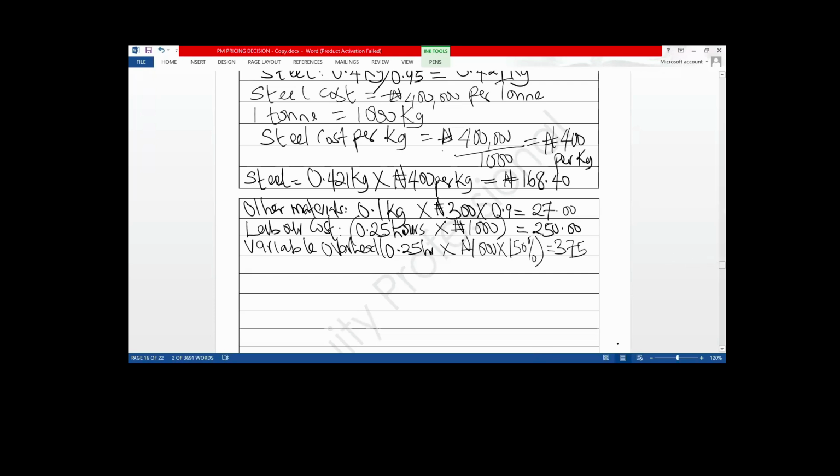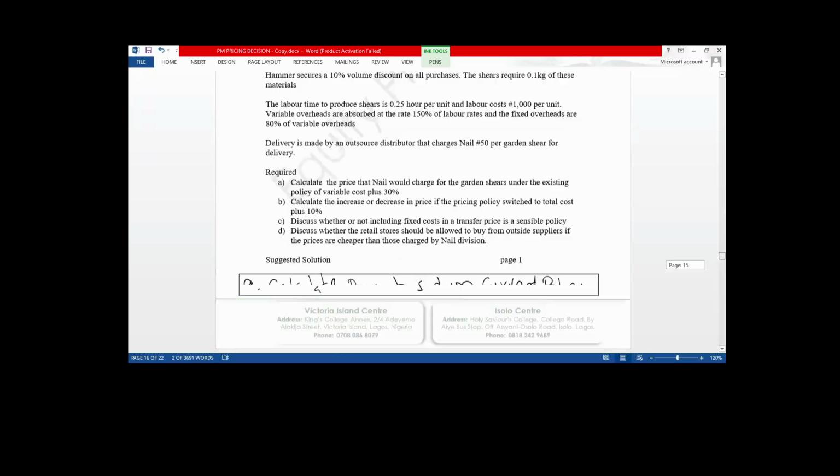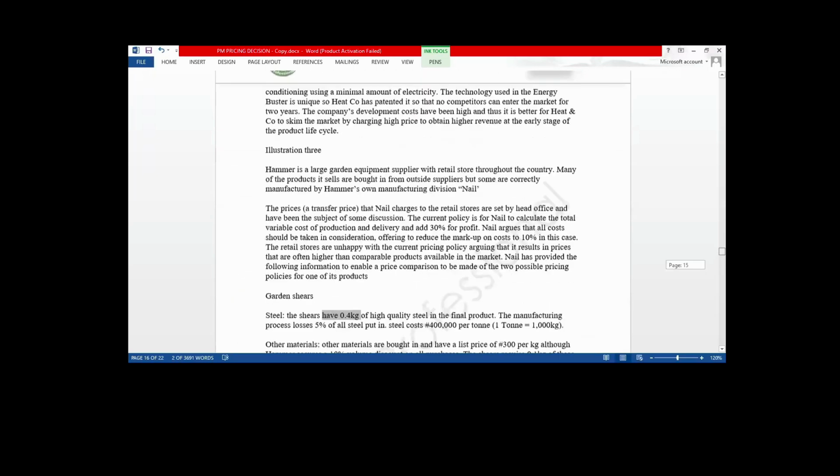Then lastly, what is the delivery cost? The existing method, let's go back to it. So you can see why we are taking variable costs.